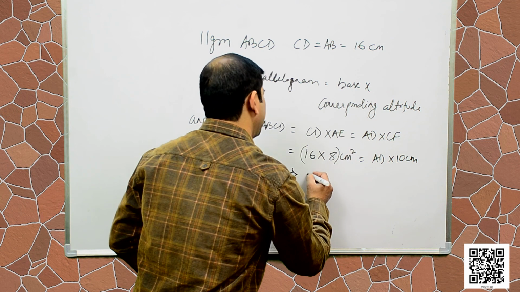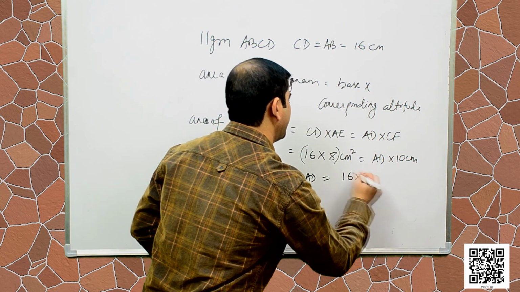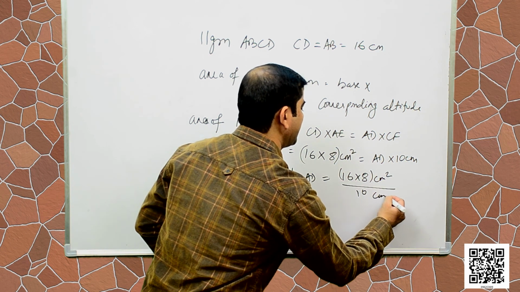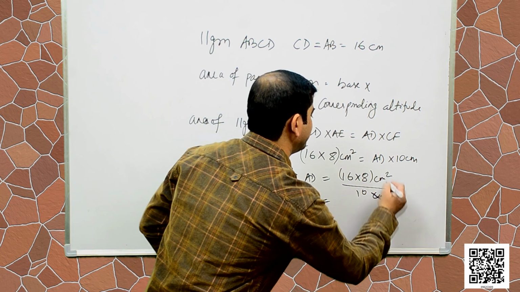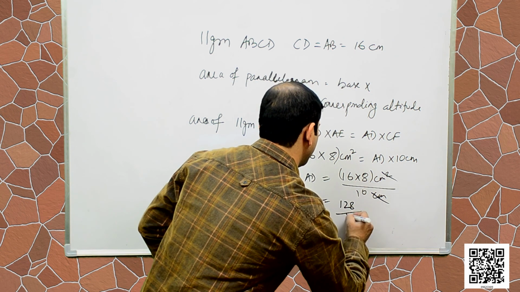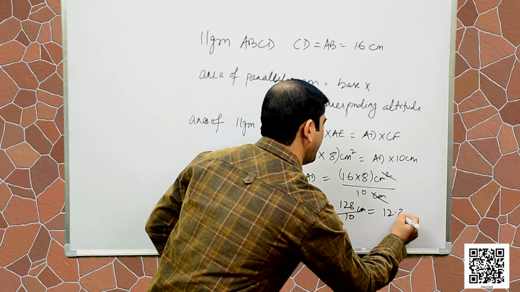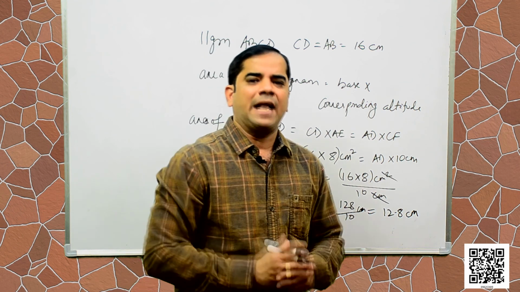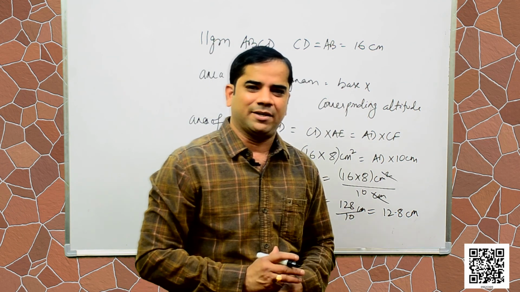That implies AD is equal to 16 into 8 centimeter square divided by 10 centimeter. Okay. So, 128 by 10 centimeter, that is 12.8 centimeter. So, the length of AD is found to be 12.8 centimeter.